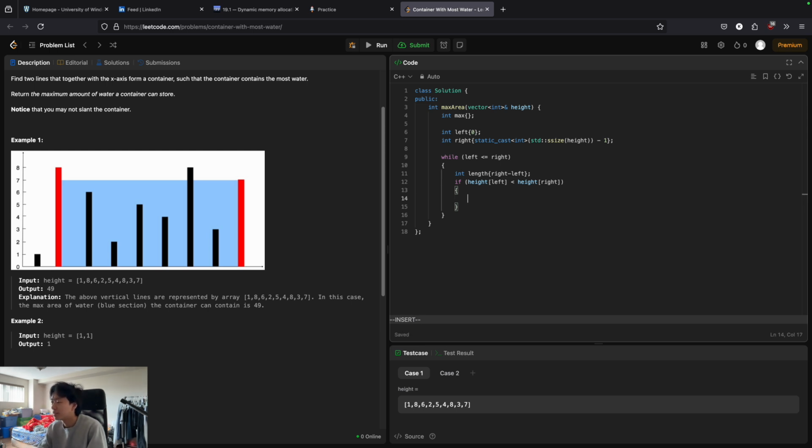So if the left is less than, we do if, and now we have to calculate if height of left.